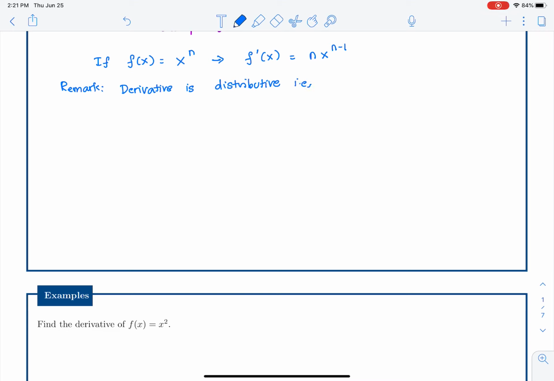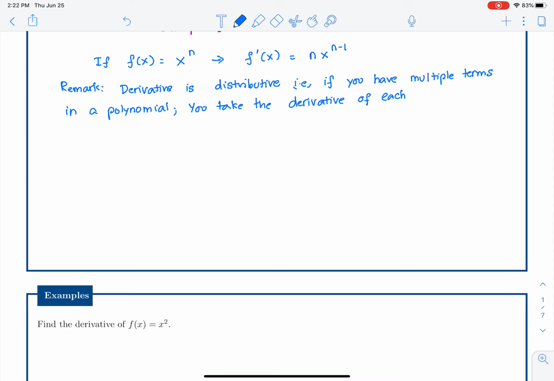That is, if you have multiple terms in a polynomial, you take the derivative of each term individually. Okay, so that is for a polynomial.